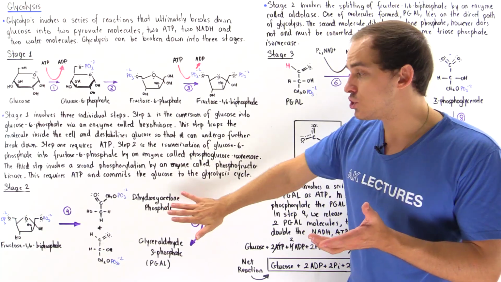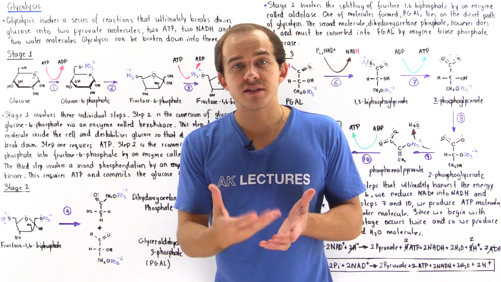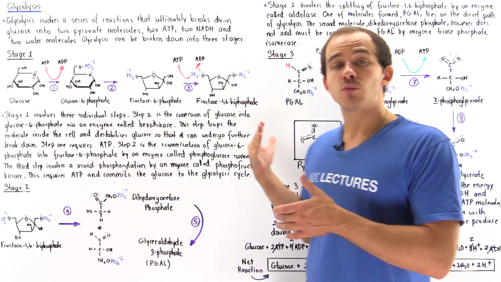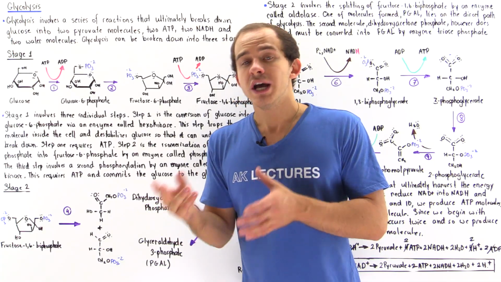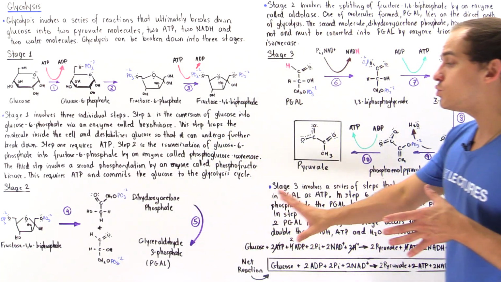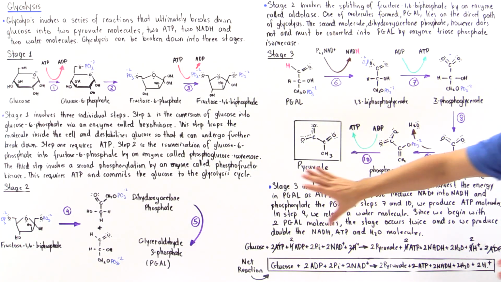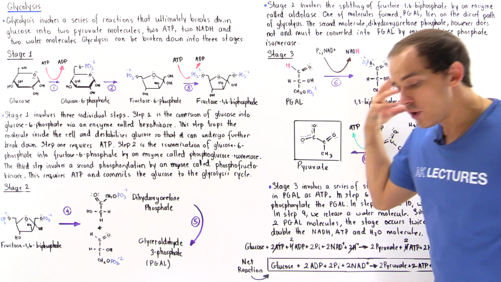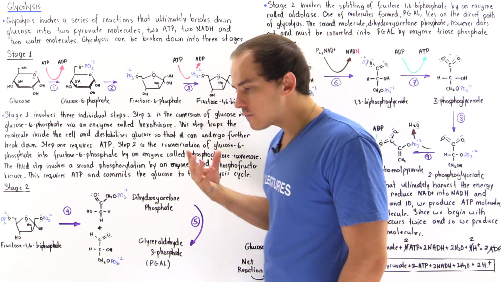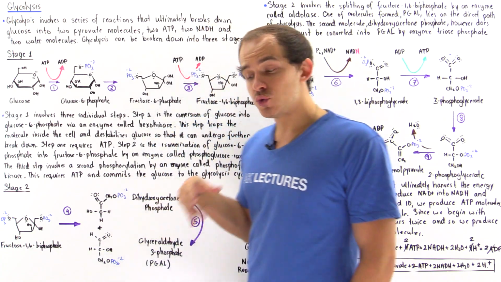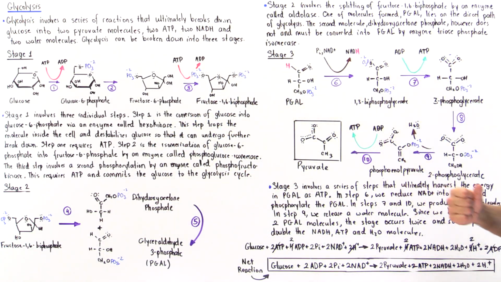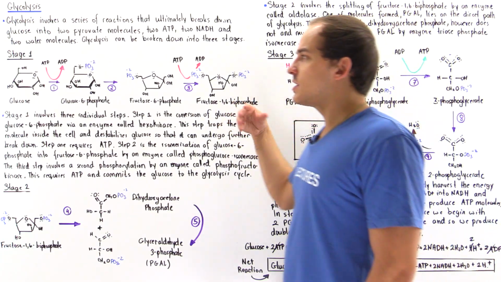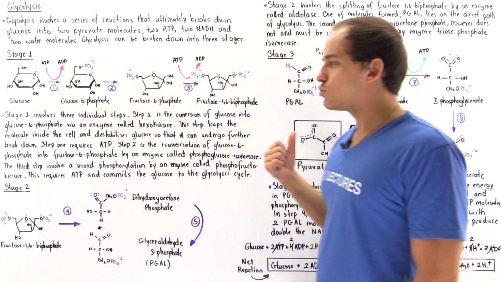And then in stage 2, we use that unstable high energy glucose and we break it down into two molecules, and then we use those two molecules that we broke down in stage 2 in stage 3, and we harvest the energy within those molecules, and we produce the ATP molecules in stage 3. So let's begin by looking at the details of stage 1.